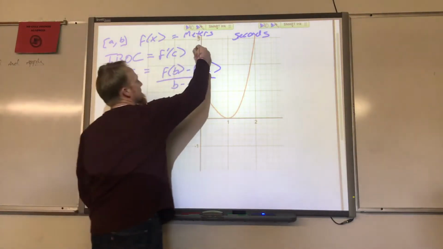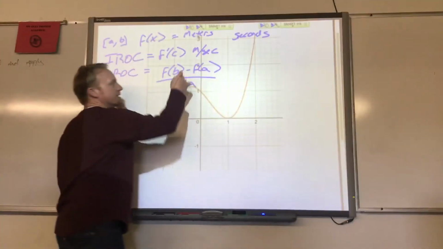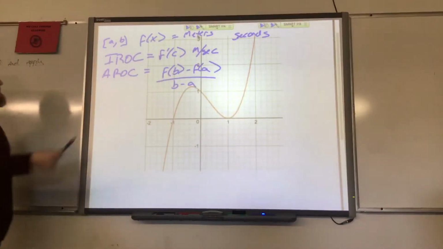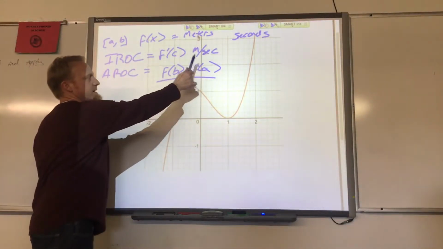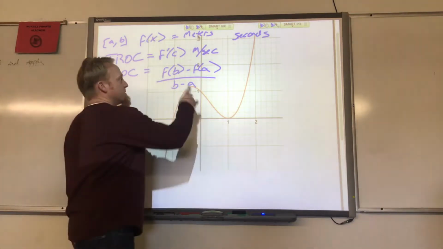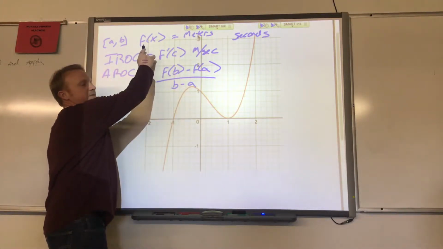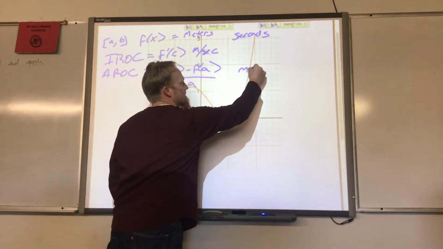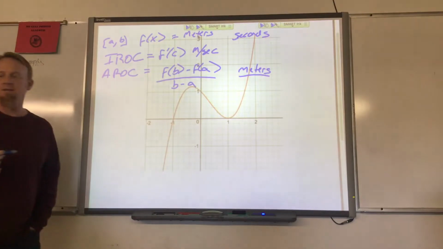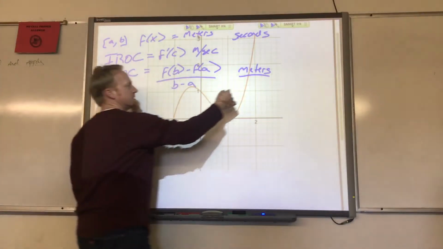Meters per second. Then we need the units for the top and the bottom. If I'm doing F of B minus F of A, what are my units for the top? I'm just dealing with F, so meters. And what is the B minus A dealing with? Seconds.